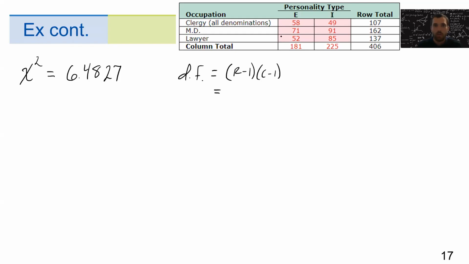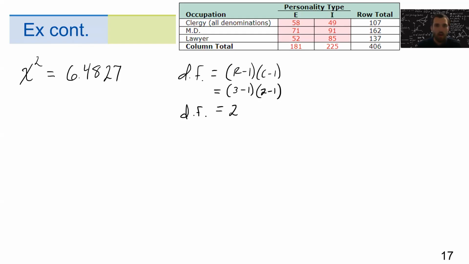I have 3 rows here, so 3 minus 1, and I have 2 columns, E and I, so 2 minus 1, which is simply 2. That's a very simple little equation to simplify. So degrees of freedom is 2.